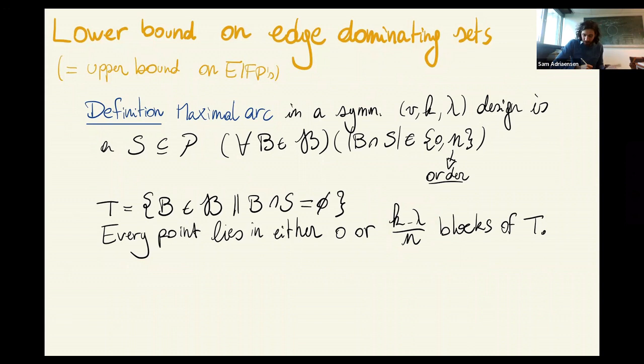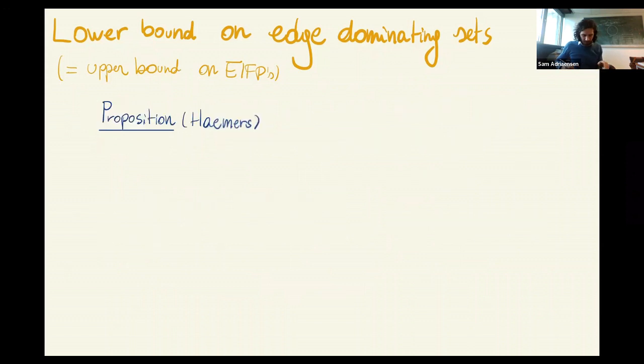Well, that's when their orders are equal to each other. So we want that n is equal to (k minus lambda) over n, or in other words, n needs to be the square root of k minus lambda.